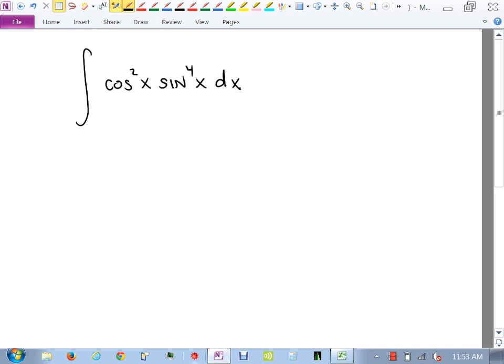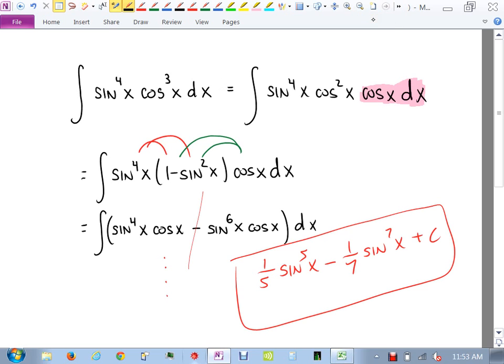So we just did one where the sine was even and the cosine was odd, right? And what did we do? Let me remind you. The one that was odd, we peeled one off and left it there. That was going to be our du.